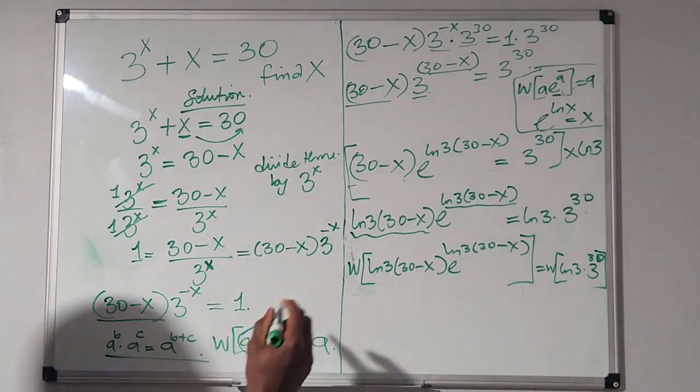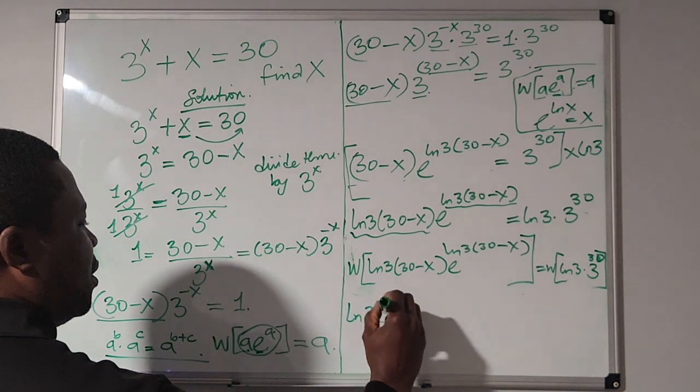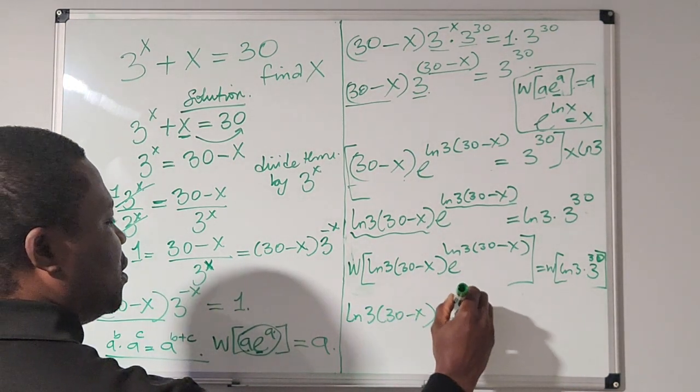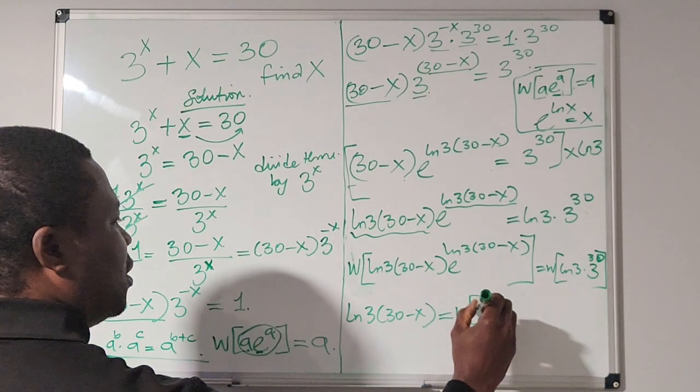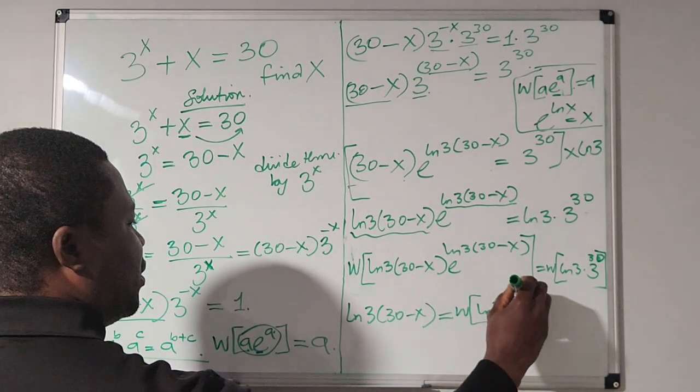Okay, so now this becomes ln 3 (30 minus x) equals W of ln 3 raised to power 30.